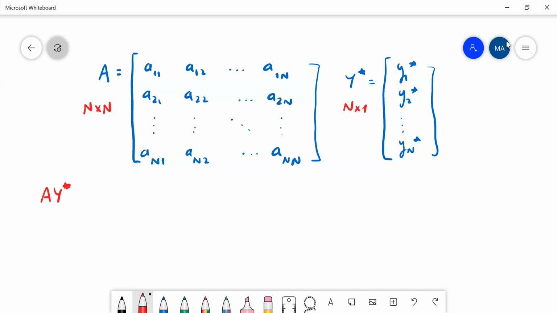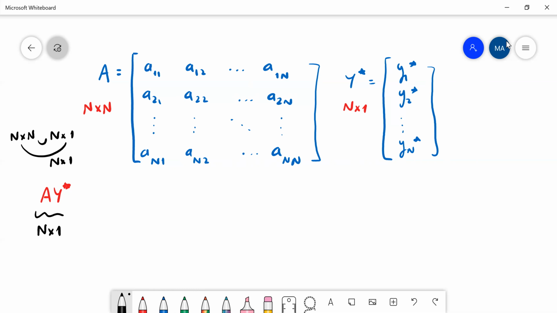So first, you take the first row in matrix A and multiply it with the first column, right? So you have something like this in the first element. So at the end, of course, you realize that this must be a column vector, right? Because n by n multiplied by n by 1 becomes n by 1.